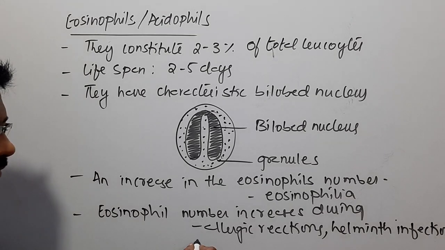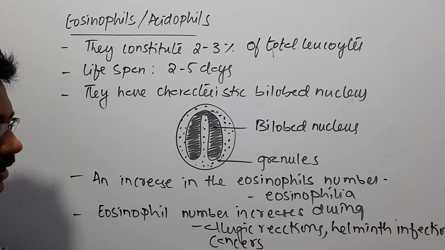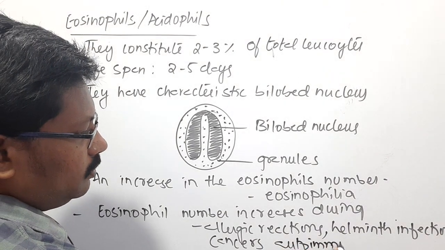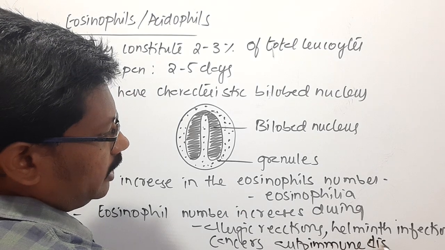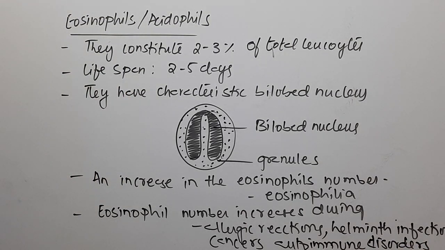Then even during cancers or certain autoimmune disorders, in such conditions the eosinophil number increases. So the eosinophil number increases in allergic reactions, helminth infections, cancers, and even in autoimmune disorders.